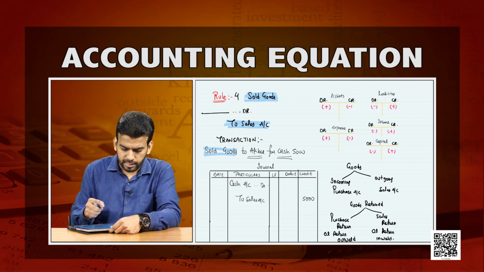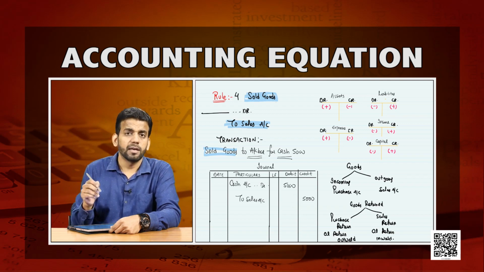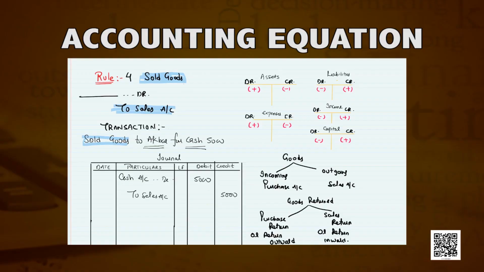Or in case I wouldn't have written anything, simply sold goods, cash sales, it means the same. Cash account debit to sales. But when only the party's name is there, in that case, party's name would be debited to sales, right? And when cash and party's name both are given, then cash would be the dominating thing. Is it clear? Let's move to the next example.